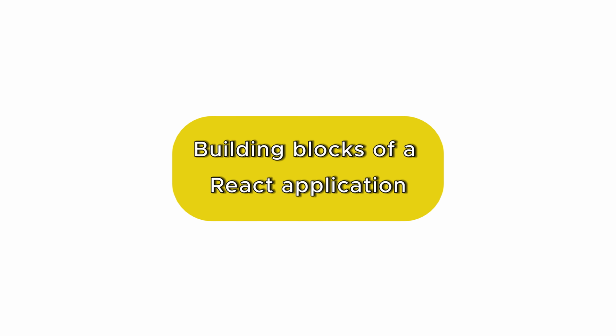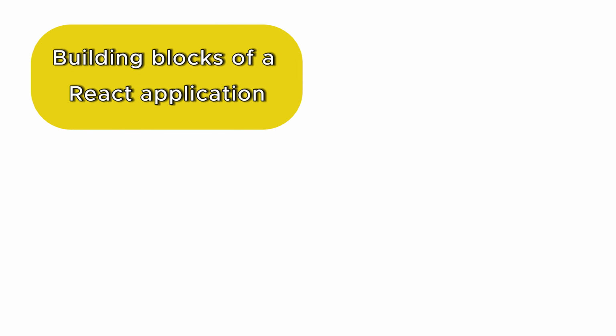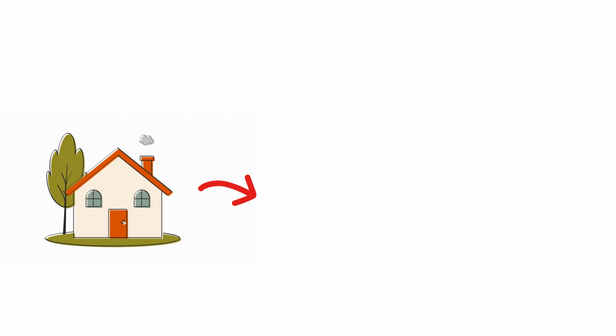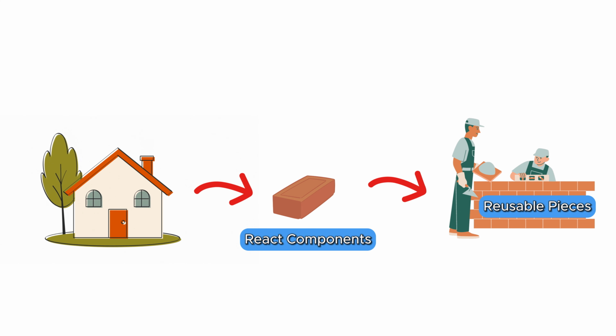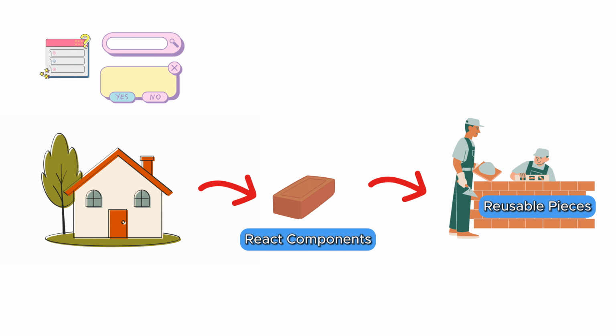Simply, components are the building blocks of user interfaces in React applications. Imagine building a house. Each brick is a small reusable piece that snaps together to form a large structure. React components are reusable pieces of code that represent UI elements.